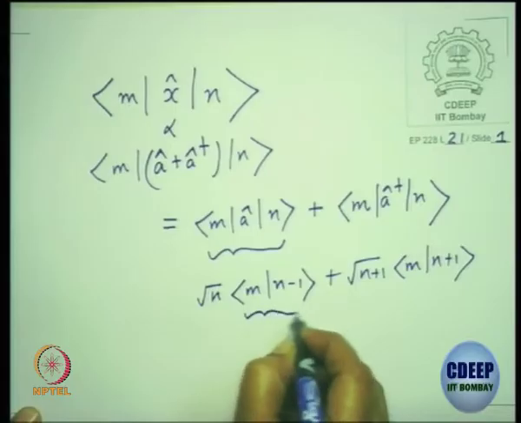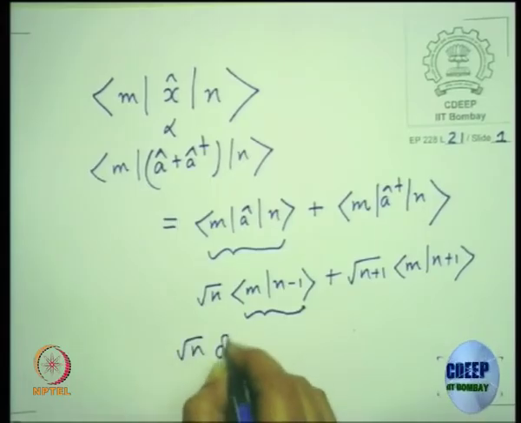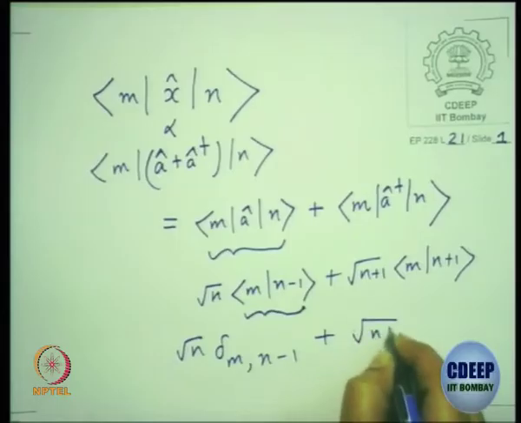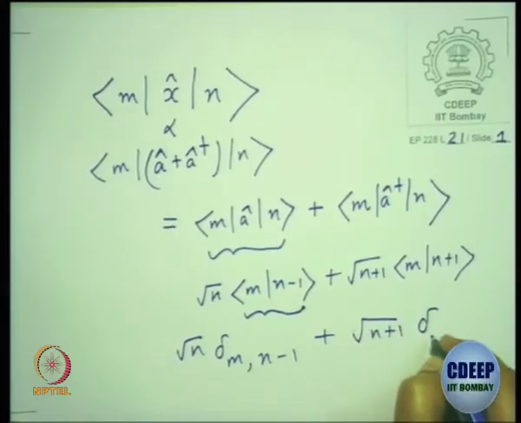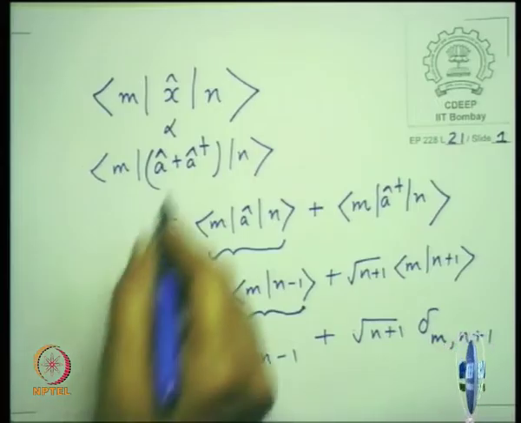These are all what? They have to be orthonormal. So it will be root n Kronecker delta plus root n plus 1 Kronecker delta. So this is what you will have apart from the factors.